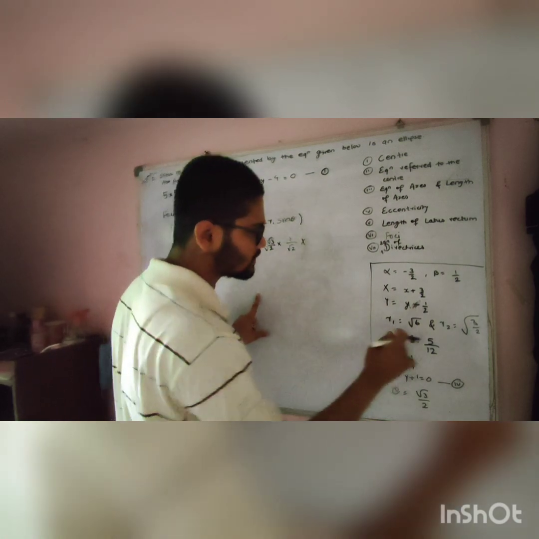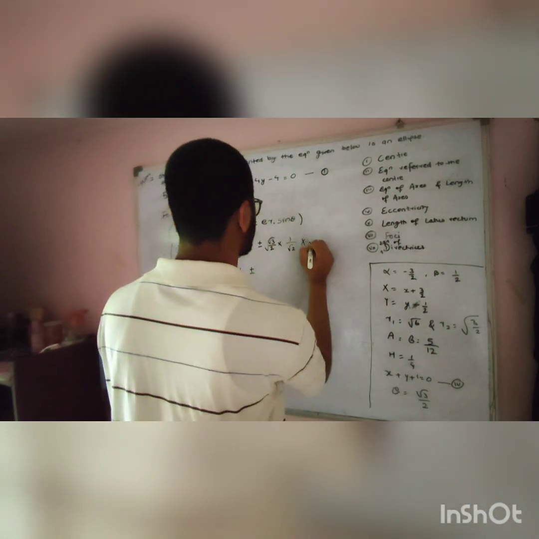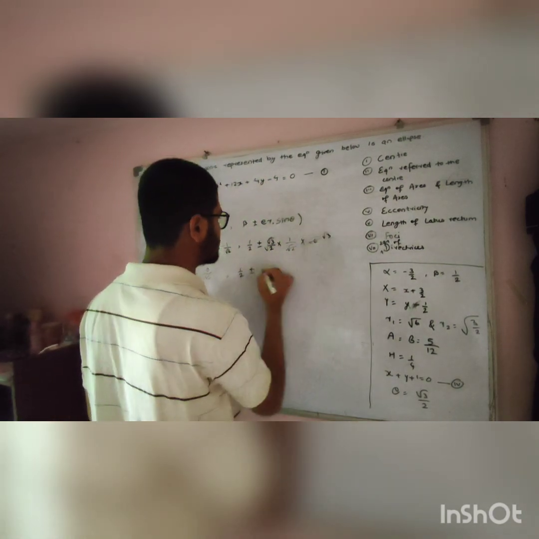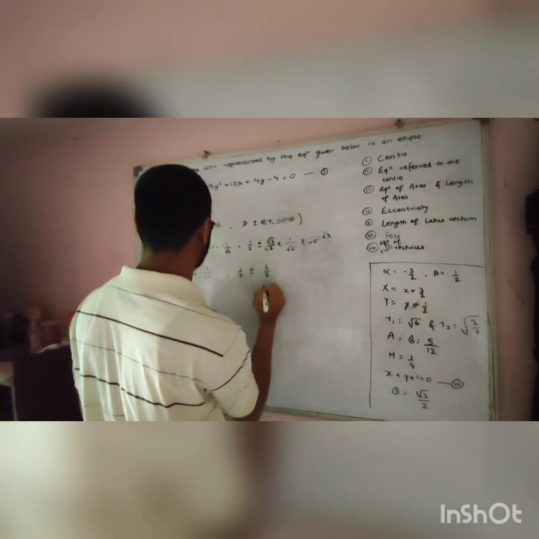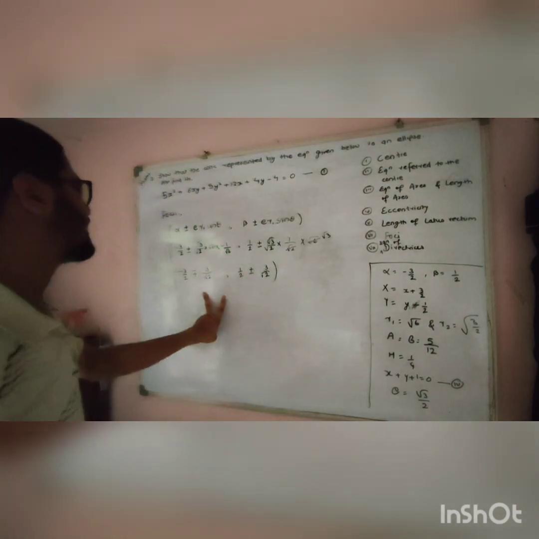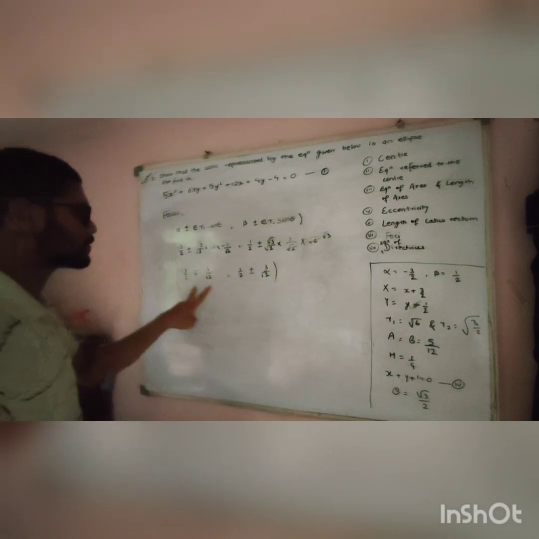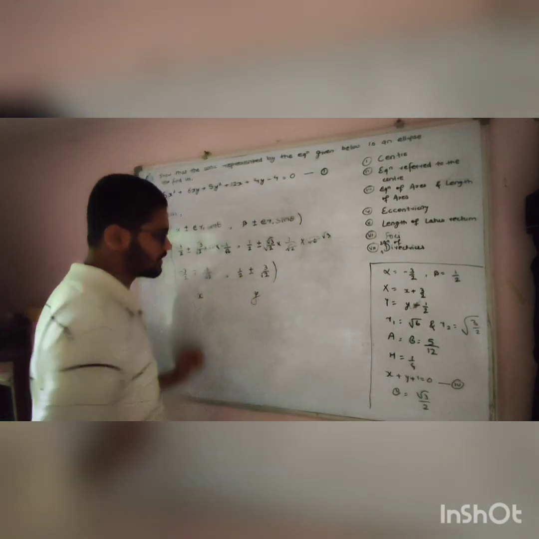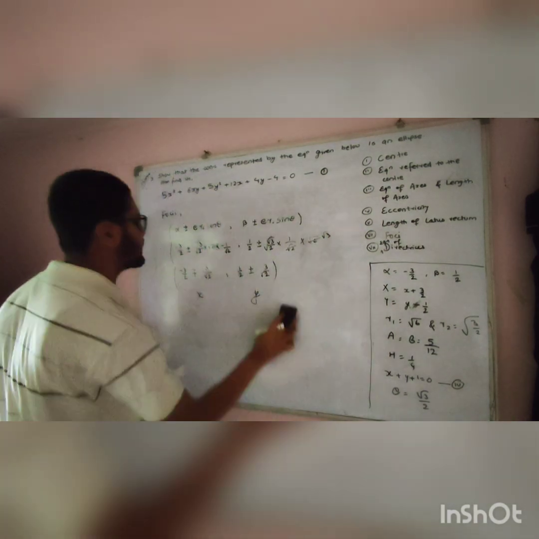So r1 is root 6, so it will be root 3, this is also 3 by 2, 3 by root 2. So these are the coordinates of our foci. This is the x coordinate, similarly this is the y coordinate. So we found out the coordinates of foci.